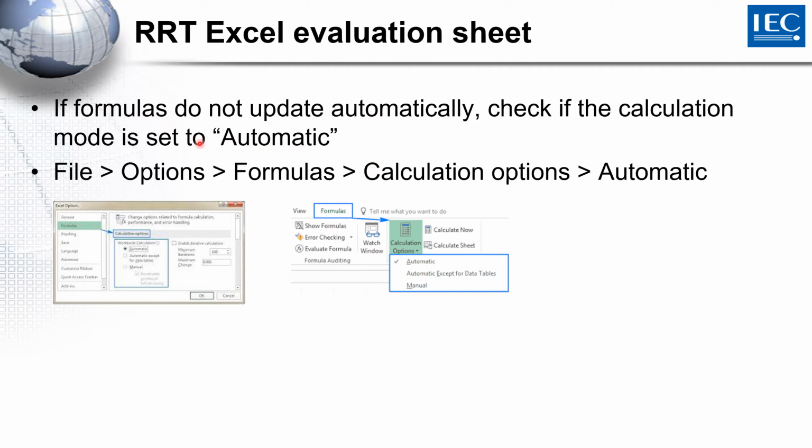In this case, you have to set it to automatic, and you will find it in the menu bar of Excel when you go on File, Options, Formulas, Calculation Options, and then set this to automatic. Here you see it. In the case it doesn't update automatically, manual is selected, so you change it to automatic, and then everything is fine.